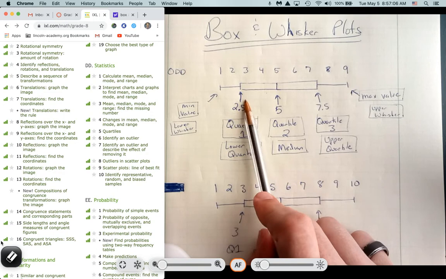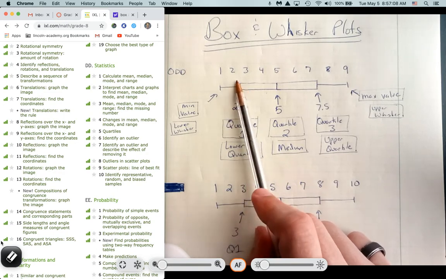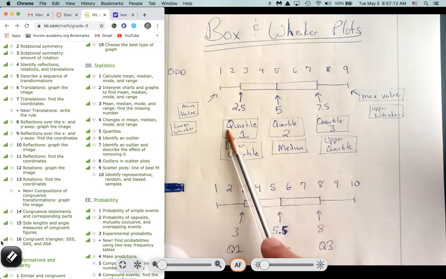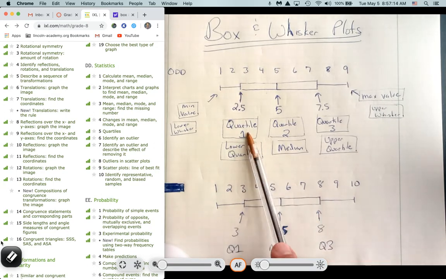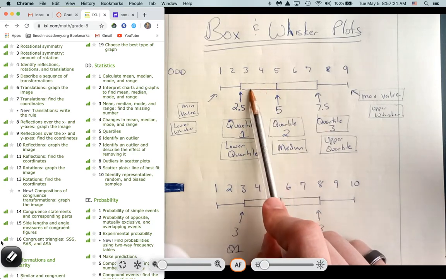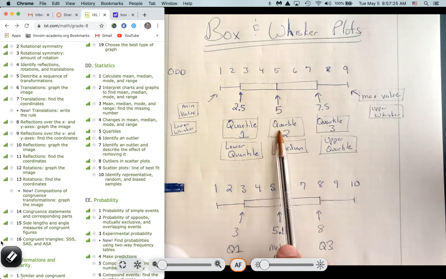So what we're doing basically is we're putting a quarter of the numbers in one group, which we call the lower quartile. So quartile 1 is often called the lower quartile. We put a fourth of the numbers in the next quartile, which ends at quartile 2.